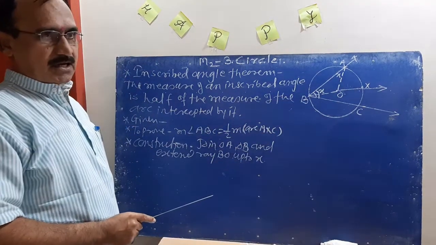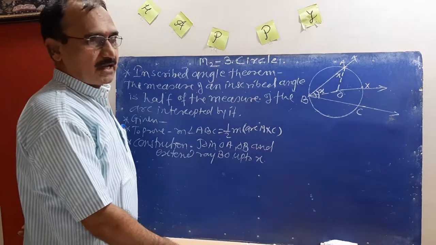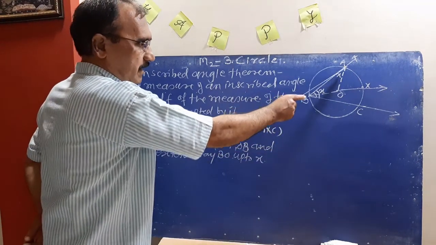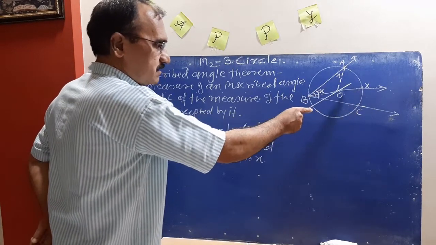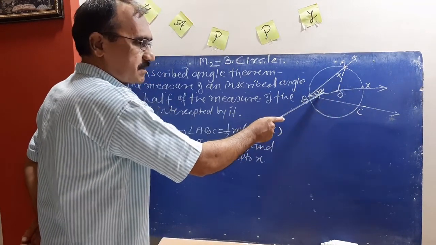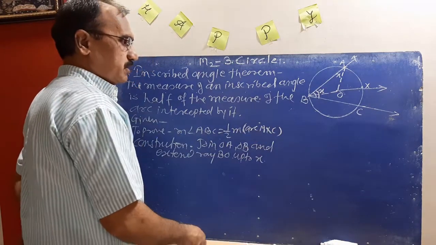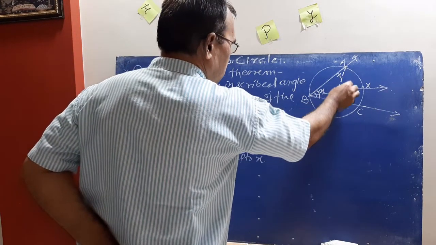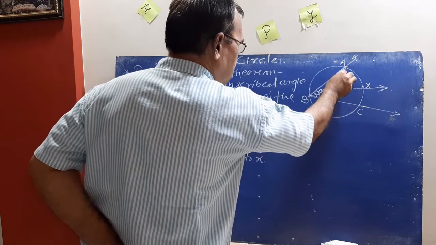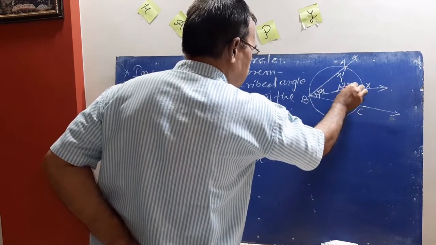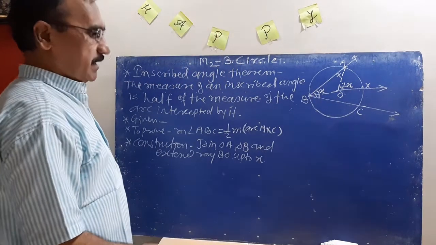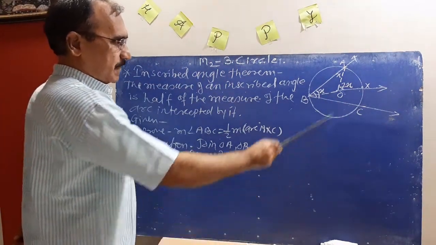This is last year's theorem. Angle AOX is the exterior angle of this triangle, and you know the property of exterior angle. The measure of this angle is the sum of the remote interior angles of this triangle. That means angle AOX is 2x.